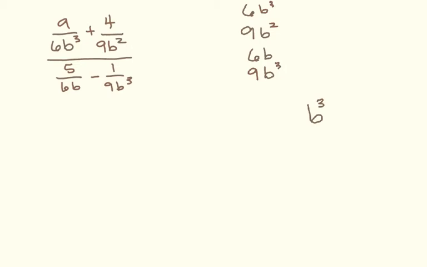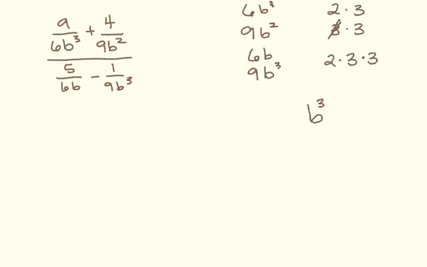So now we have to deal with the 6 and the 9. And 6 is 2 times 3, and 9 is 3 times 3. So we have to make sure we get in that 2 times 3 for the 6. We already have one of the 3's from the 9, but we have to get that other 3 in there.